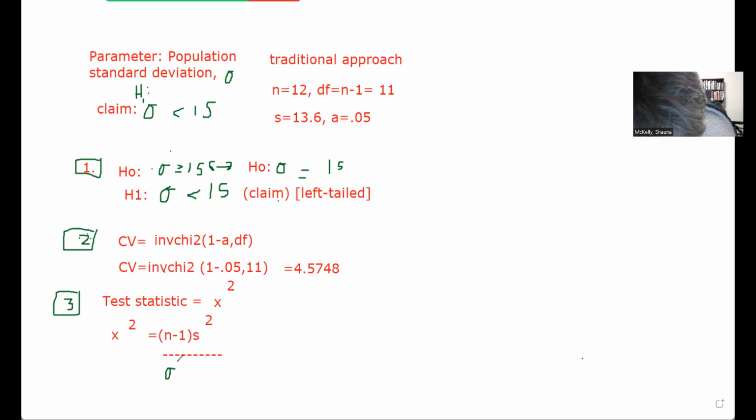So now we just plug in the numbers to find it. So we have n minus 1. Remember, that's the same as df up here. So I have 11 times s squared. Remember here, they gave you the standard deviation, 13.6. So we're going to square 13.6.